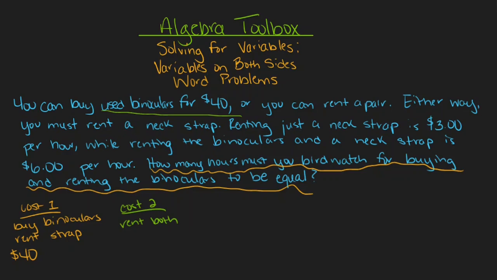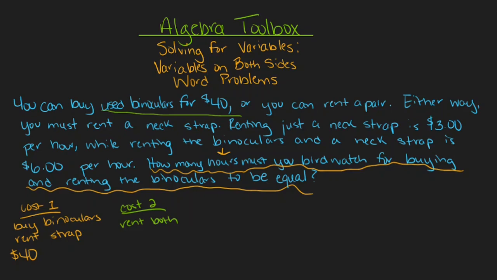As soon as I see that I have per hour, or unit per unit, in this case dollars per hour, that tells me this is a rate, and more likely than not, my variable is going to be included somewhere in this rate. Going back to my main question, I see that I'm being asked for how many hours I must go bird watching, and that tells me the number of hours is going to be my unknown value.